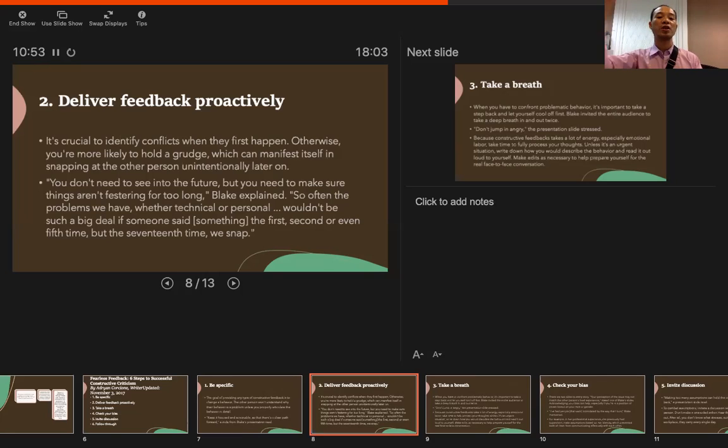You don't need to see into the future, but you need to make sure things aren't festering for too long. Maybe it's just a little thing, but don't let it fester so long. Often the problems we have, whether technical or personal.